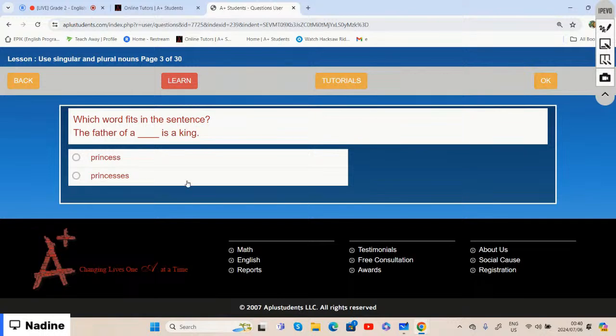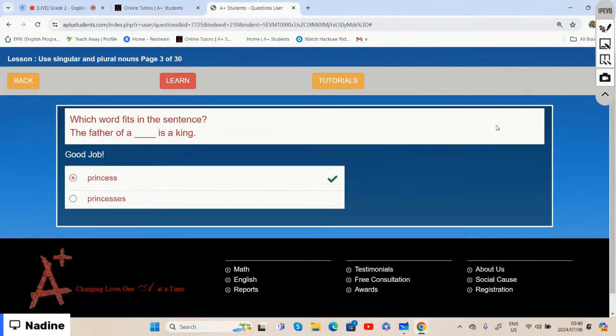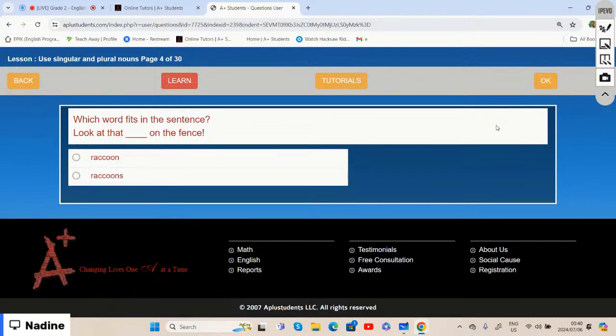All right, so the father of a princess, because it refers to one girl, a princess, is a king. So princess, right, referring to one princess, not princesses, one princess.